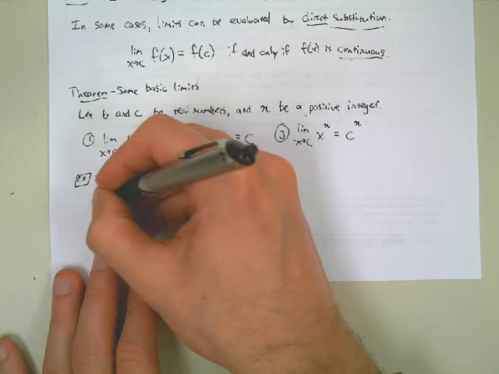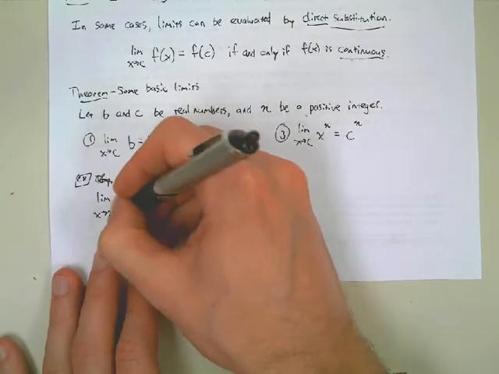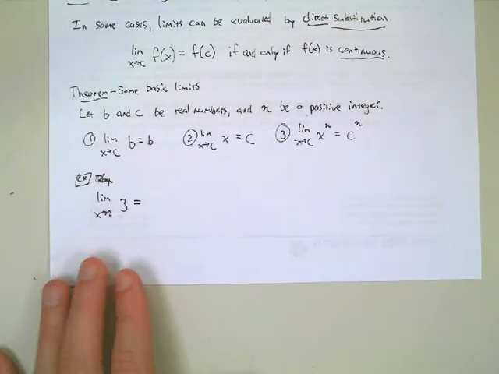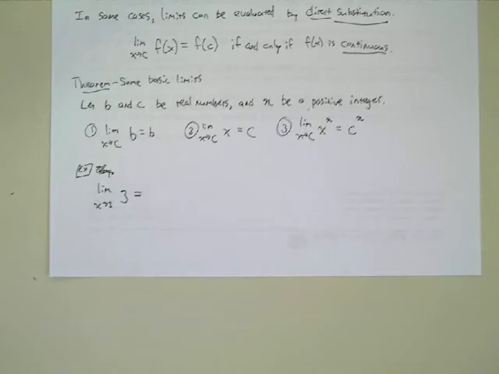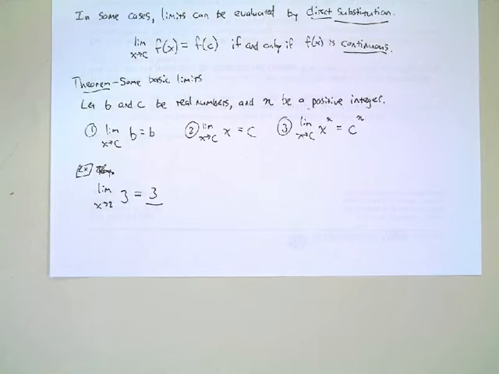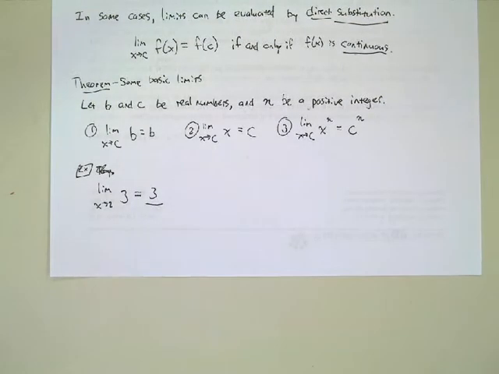So let's find the limit as x approaches 2 of 3. The limit as x approaches 2 of 3 is... it's 3. Remember, our first tool when it comes to evaluating limits is direct substitution.